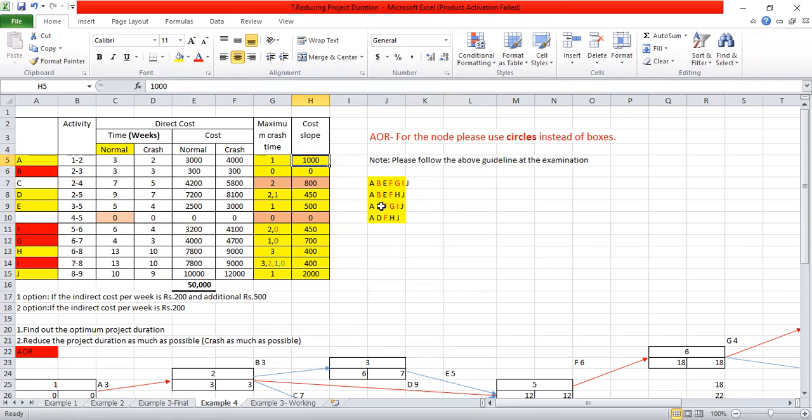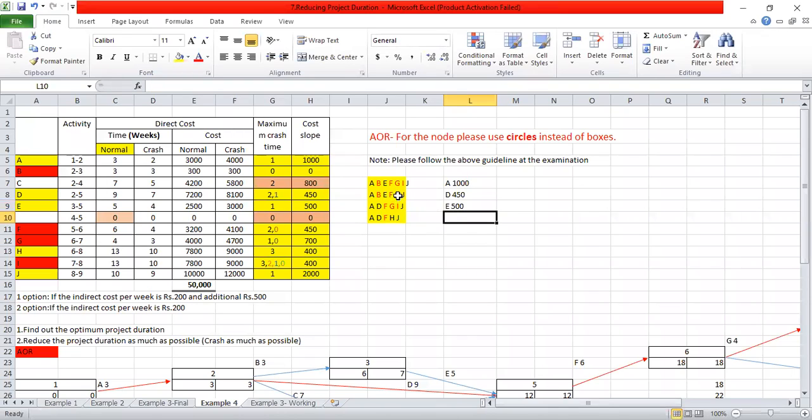B activity is not common. A is having 1000. D is having 450. E is having 500.